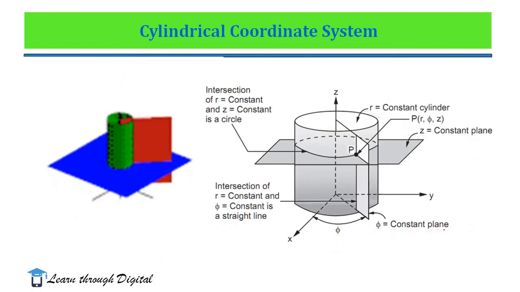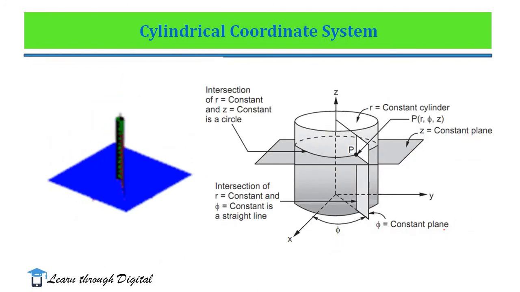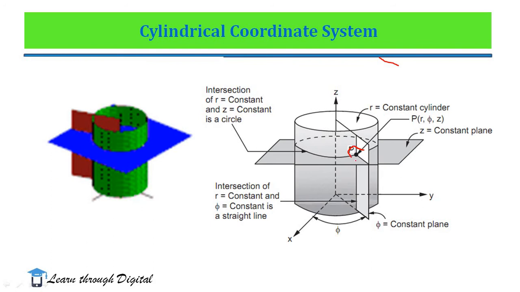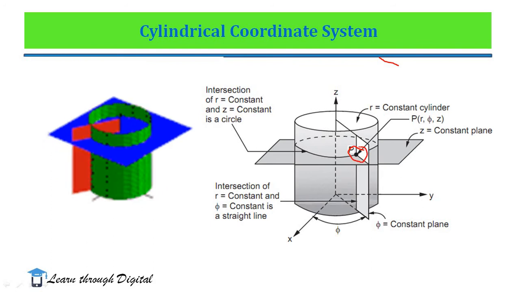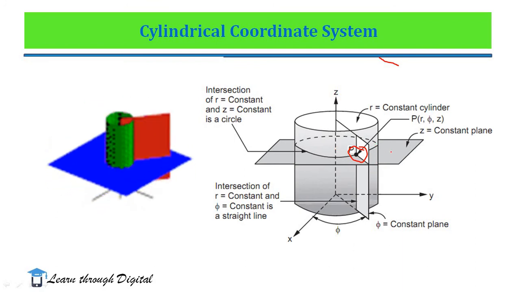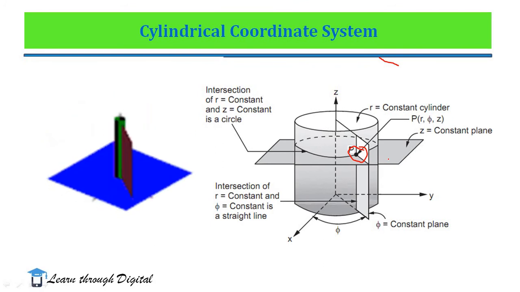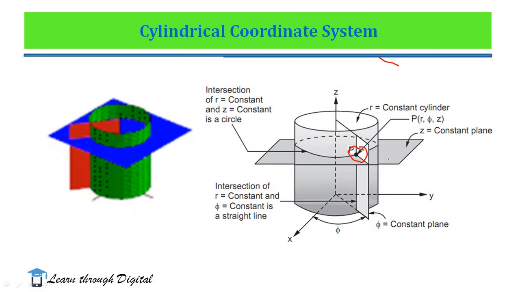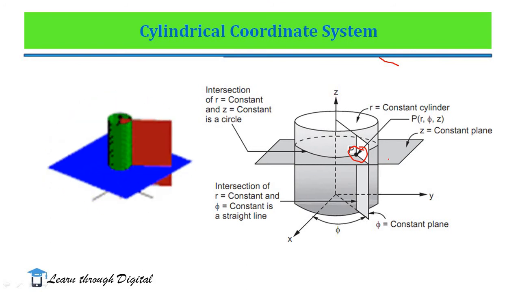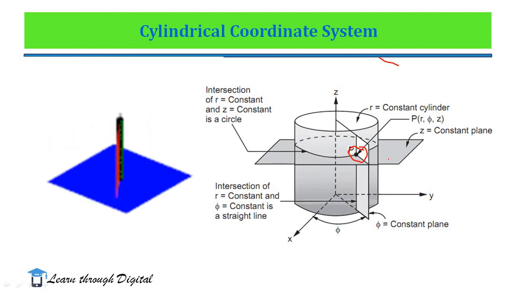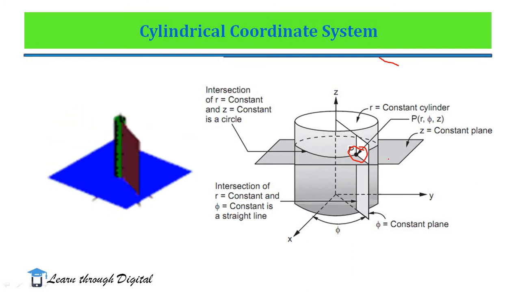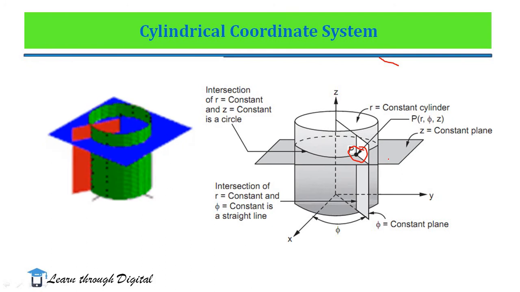The intersection of these three surfaces gives a point P. This is the point P which shows the intersection of the cylinder, the azimuth plane, and the z equal to constant plane. The intersection of r equal to constant and phi equal to constant is a straight line, and similarly the intersection of r equal to constant and z equal to constant is a circle. So we should remember here r, phi, z, where r is the radius of the cylinder.